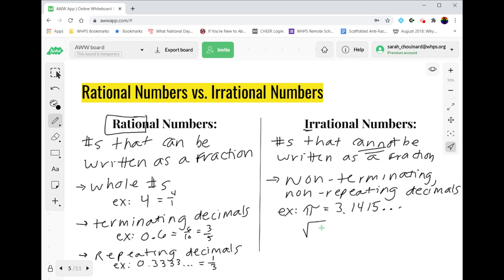Another famous one is the square root of 2. This is 1.41, and then there's a bunch of other numbers after that, because there's no number that multiplies by itself to equal 2. So this number just goes on forever. If you were to type it in your calculator, you would see this huge long decimal. Any square root of a non-perfect square is going to give us an irrational number.